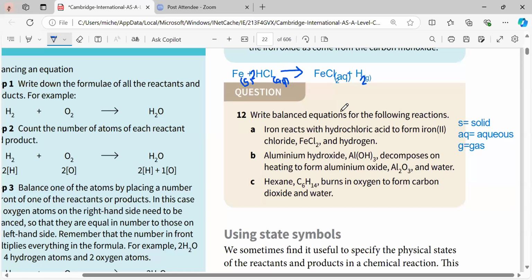This is the result, the balanced equation for question number 12A. Do you have any questions so far? Okay, if not, I'm going to move on to the next question.